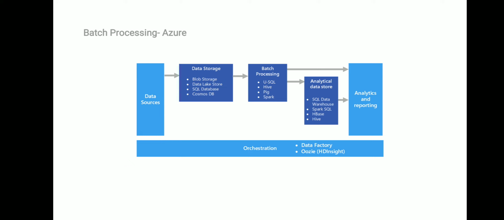Now you can also use Hive. Hive is a SQL-like language that is supported in most Hadoop distributions, including HDInsight, and it can be used to process data from any HDFS-compatible store, including Azure Blob or Azure Data Lake Store. Pig is declarative; it is not like SQL.